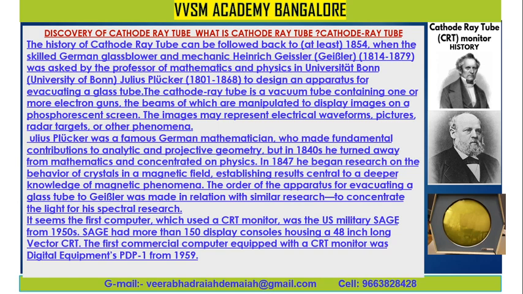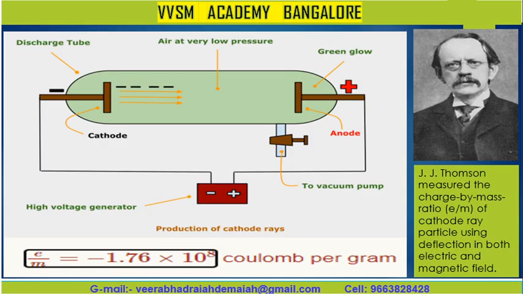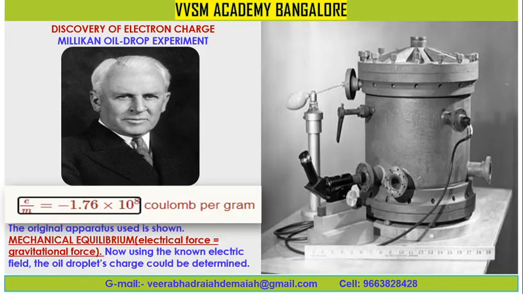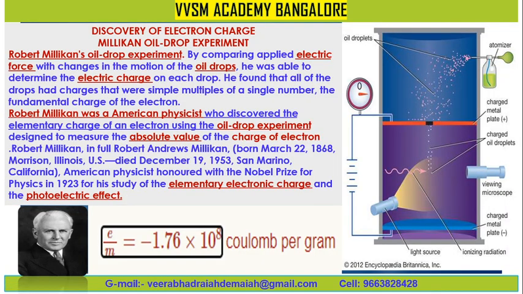Well, friends, discovery of the cathode ray tube, discovery of the electron by J.J. Thomson in 1897, recollecting the memories of the discovery of the fundamental particles, that is subatomic particles, cathode ray tube, and the properties of cathode rays, discovery of electron charge by Millikan's famous oil drop experiment, then the e by m ratio.